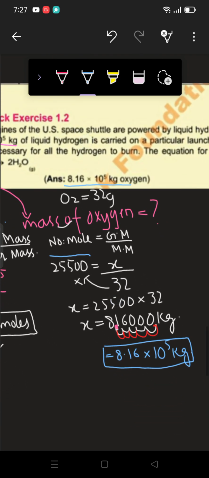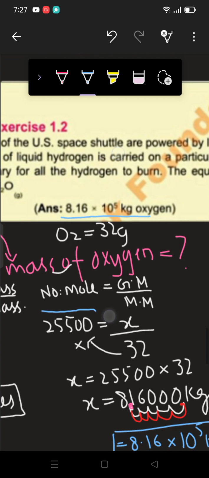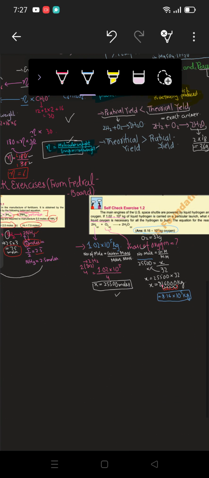We found it as 816000, and when we converted this to scientific notation, we got 8.16 into 10 to the power 5 kg. Here we have verified our answer as well, and of course that is correct.